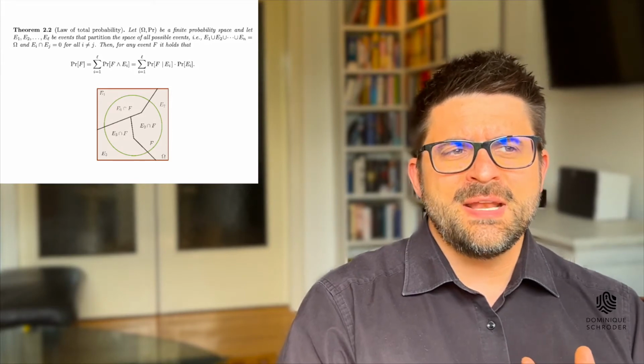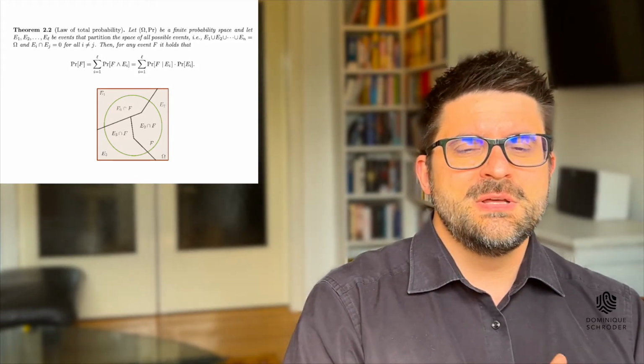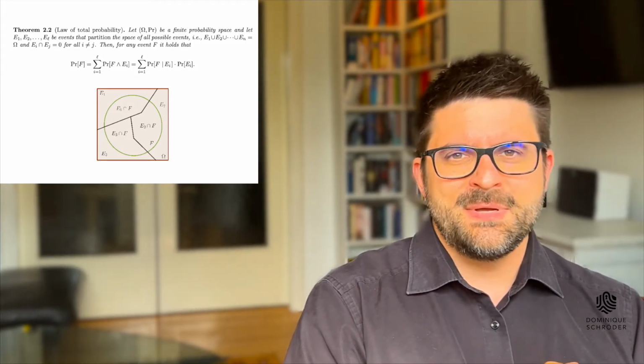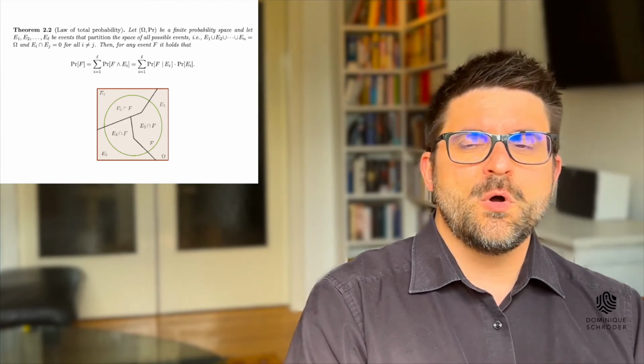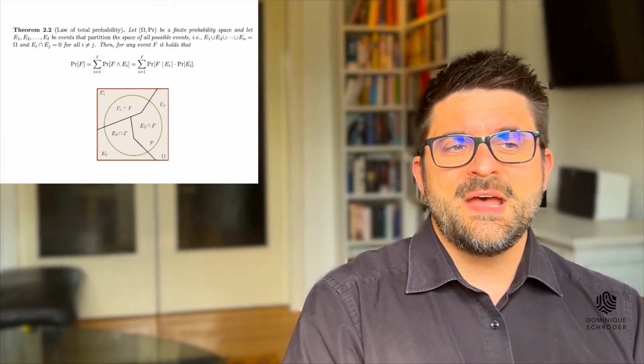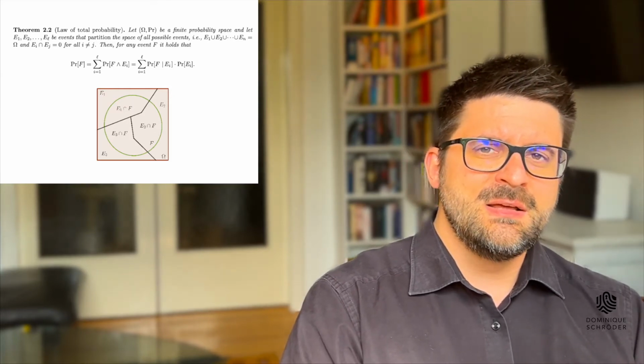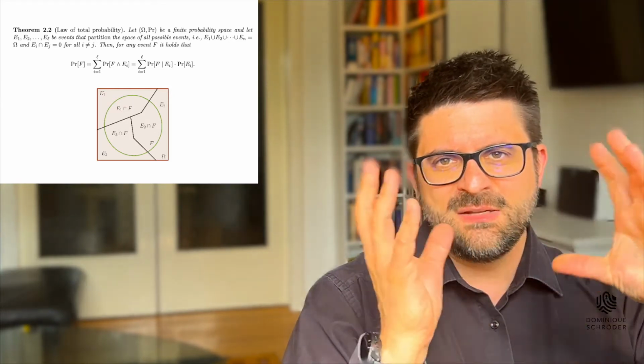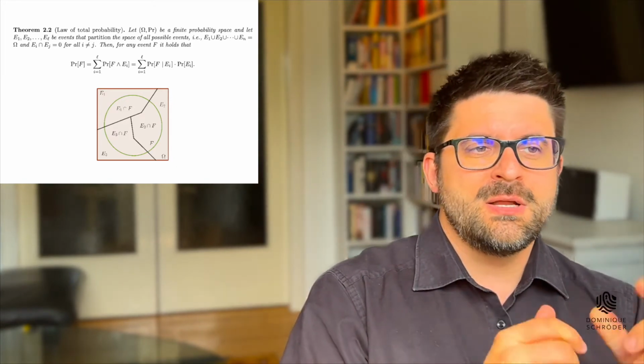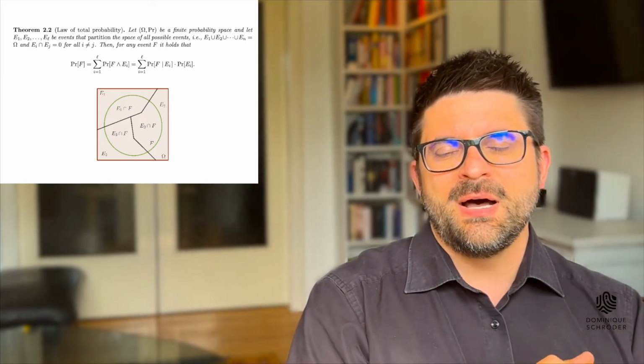Then for any event F, we can compute the probability that the event happens as the sum over the probabilities that F and Ei happen. And as you can see in this picture, this corresponds exactly to these individual events where F is part of Ei.